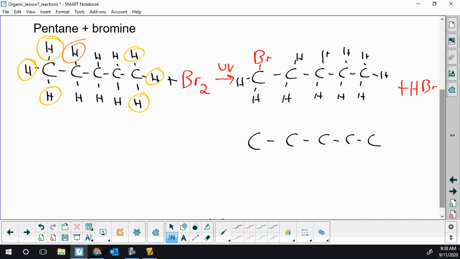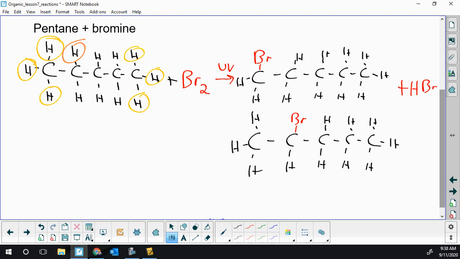So I'm going to draw in all the H's except for the second one from the left. So I've substituted a bromine in its place.